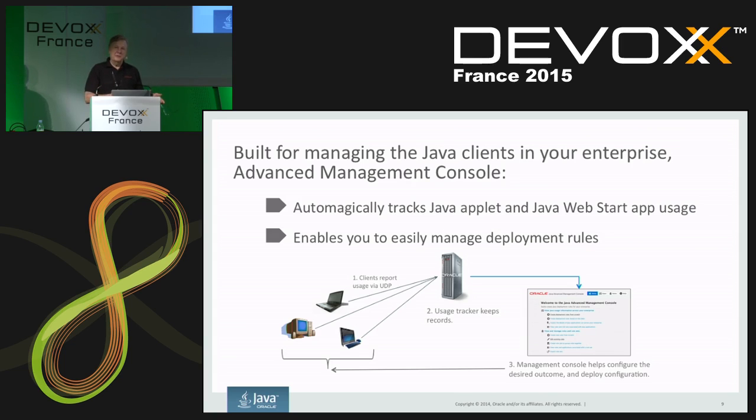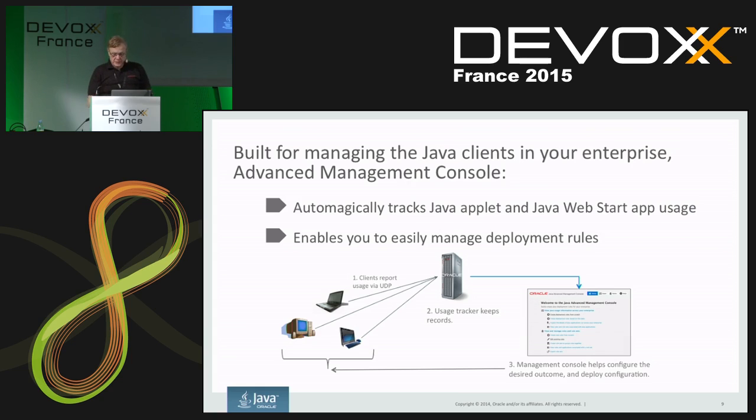Those are collected by the tracker and then stored on the server, and then with the Advanced Management Console, we can find out what the usage tracker has found, and we can also create deployment rules so that we can manage the capabilities.